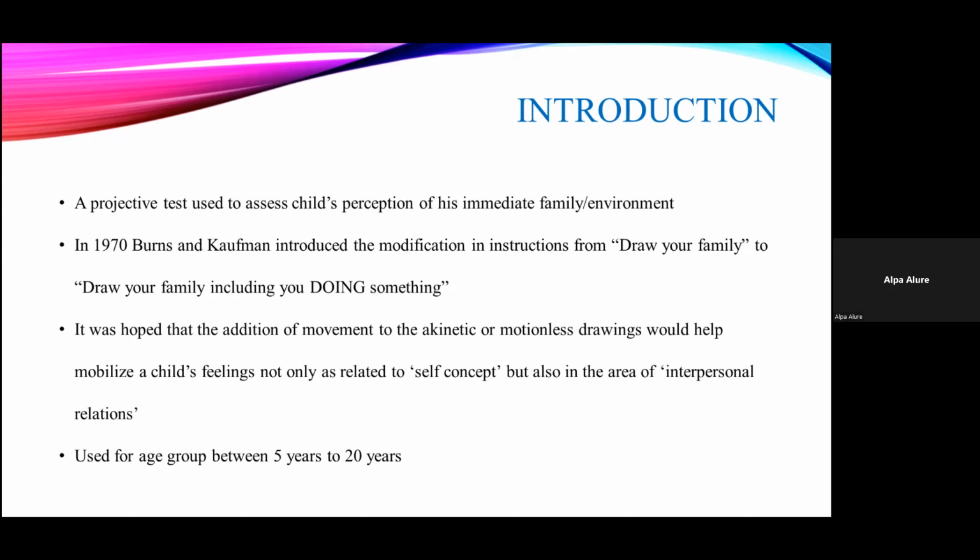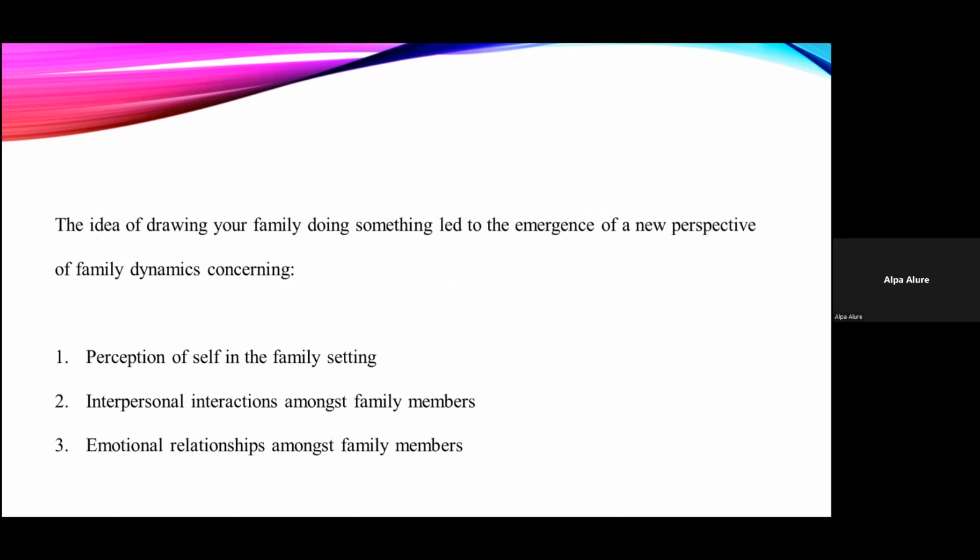It is hoped that the addition of movement would help to mobilize the child's feelings with relation to interpersonal relationships. This test can be used for the age group between 5 to 20 years. The instruction is that you give paper and pencil to the child, and tell them to draw a family doing something.